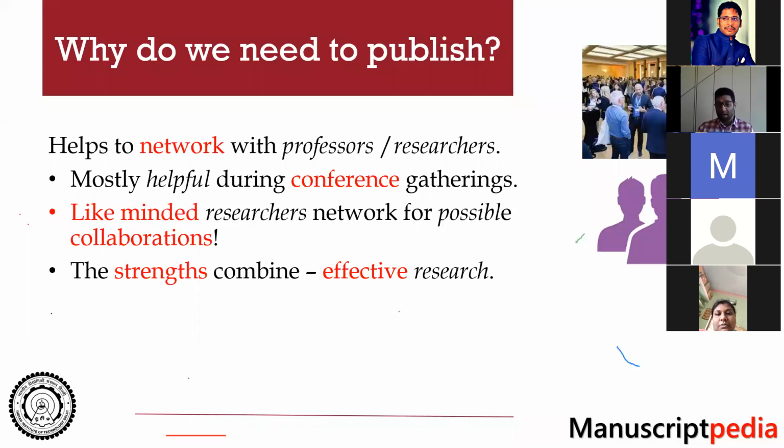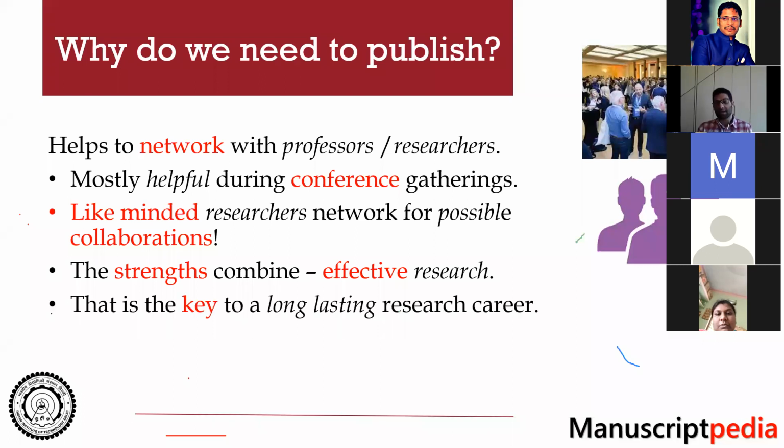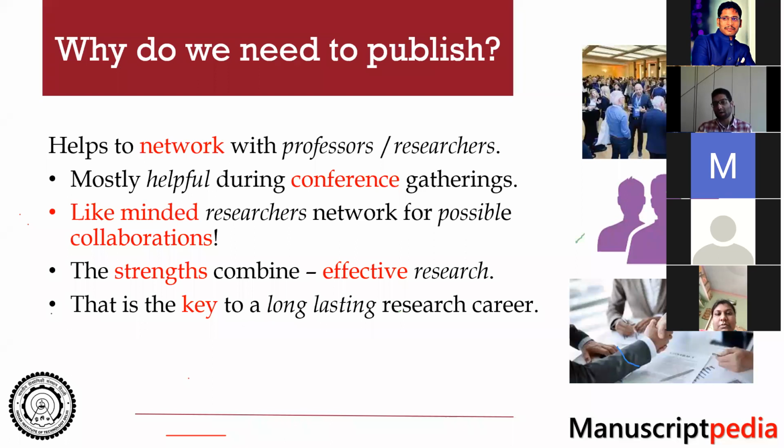In a collaborative research, the strengths of all the collaborators combine. I am good in doing so-and-so, he is good in doing so-and-so. So what that leads to is effective research. And my dear friends, that is the key to long-lasting research. That is collaborative research. Again, collaborative research mostly comes through publishing.